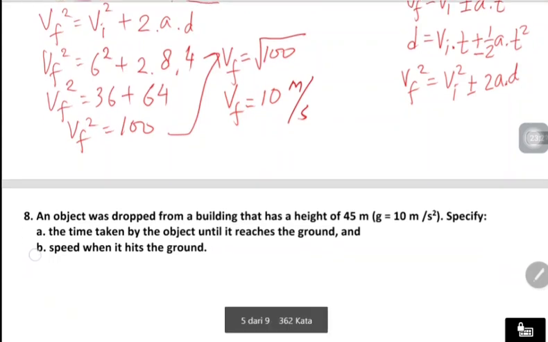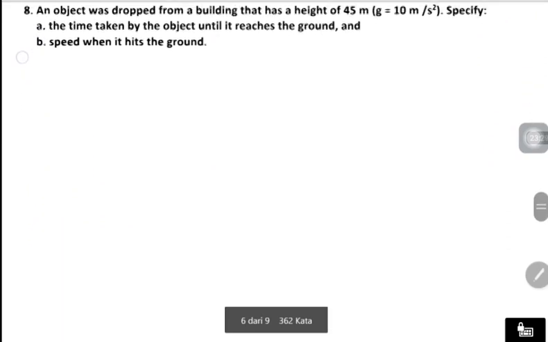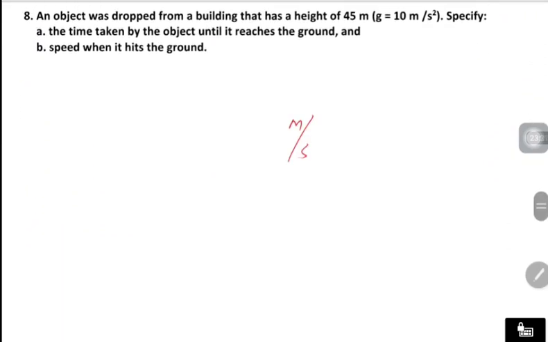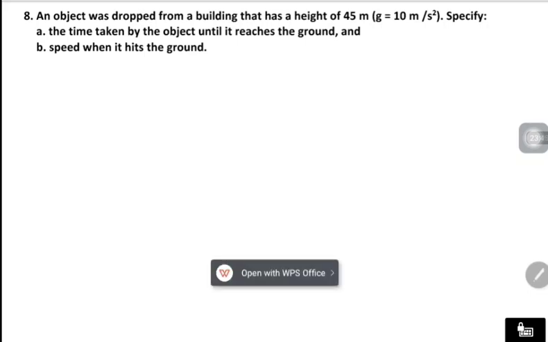Okay, next, number 8. An object was dropped from a building that has a height of 45 meters. We assume the gravity acceleration is 10 meters per second squared. Specify A, the time taken by the object until it reaches the ground, and B, the speed when it hits the ground.